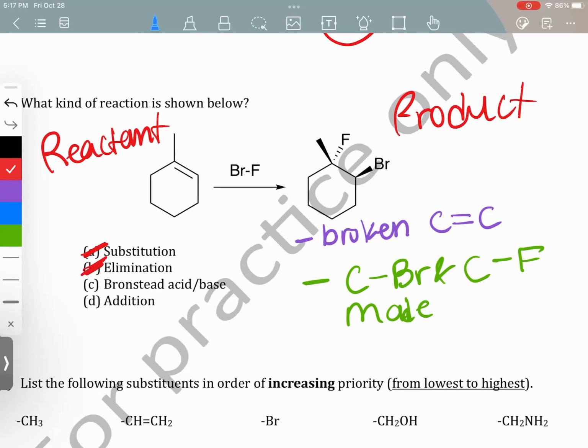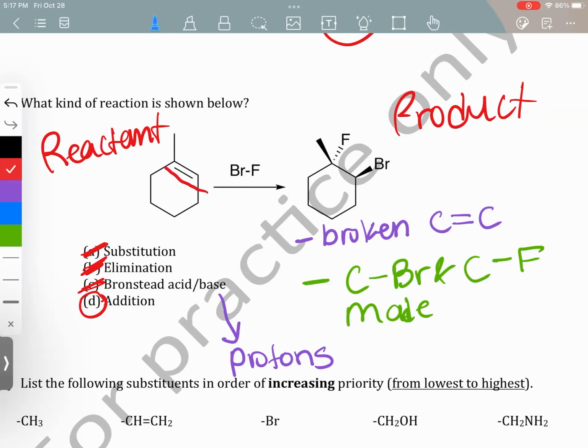You guys haven't learned acid and base yet, but it's definitely not acid-base because that reaction deals with protons, in other words, with the hydrogen atoms a lot. In this case, we don't see any bond breaking or making between C-H or any other atom with hydrogen. So it cannot be acid-base. So the answer is D.